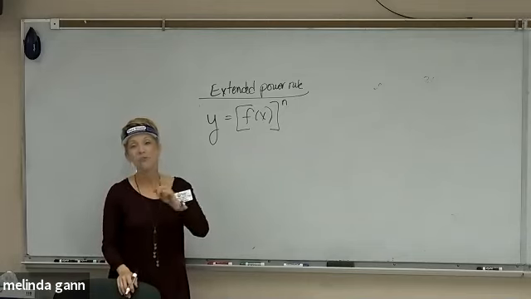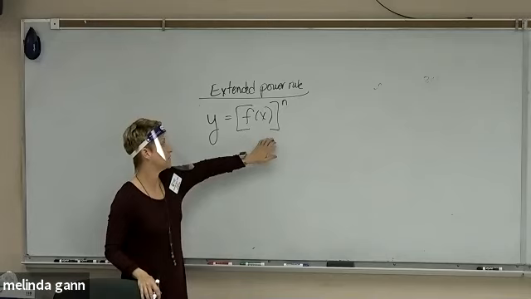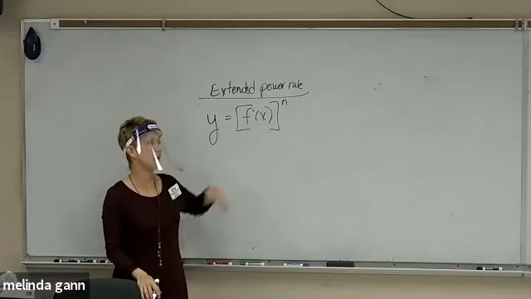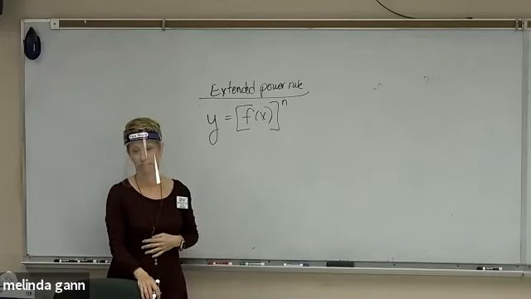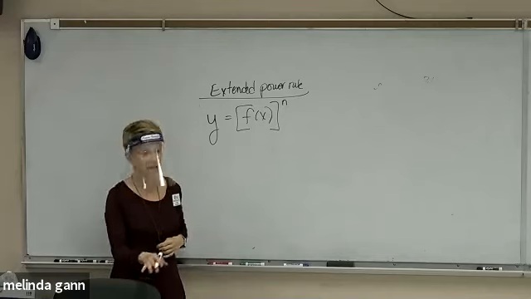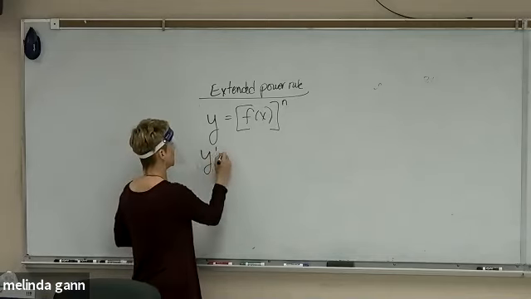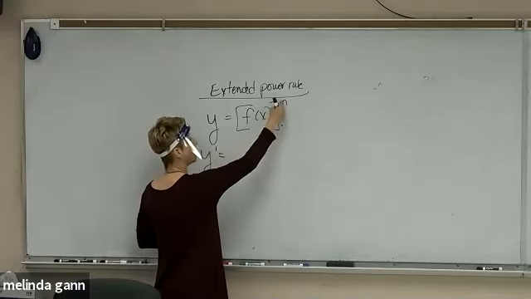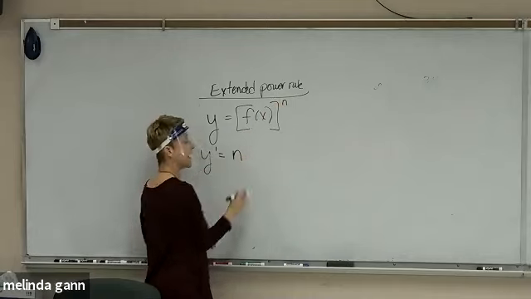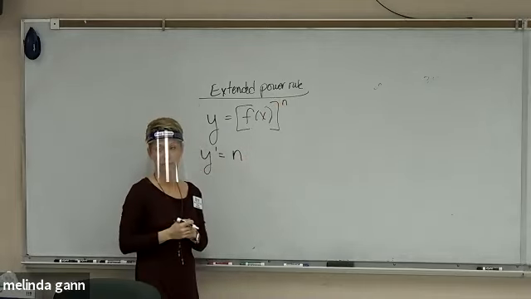Now, what you've been doing is a special case of this one. You've been doing this the whole time, you just didn't know you were doing it. Look what the rule on your sheet says. When you take the derivative, what happens to your power? It comes down, just like it's been doing.